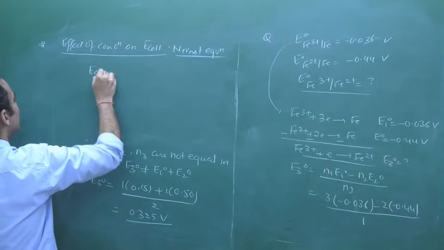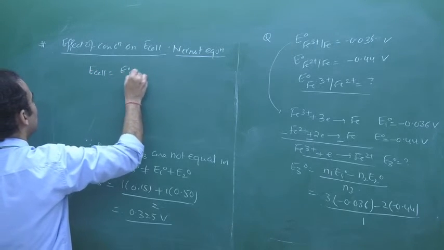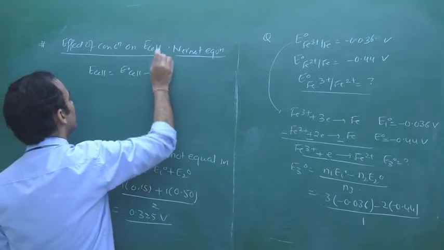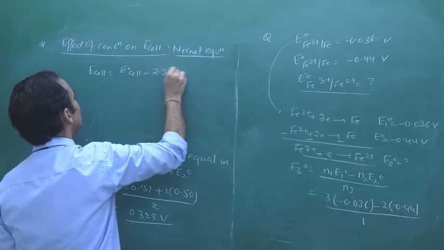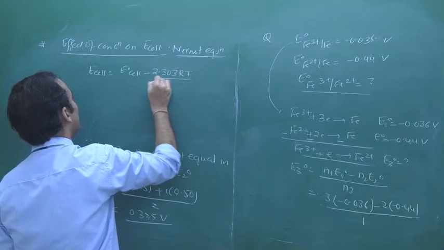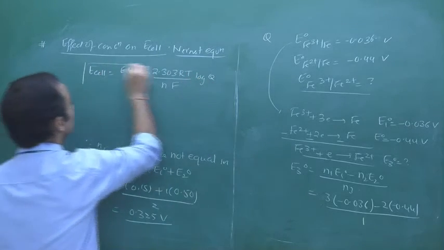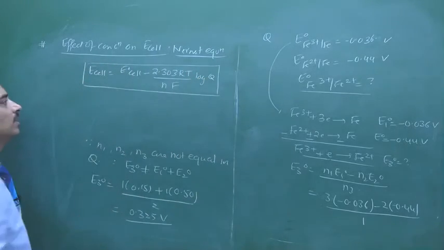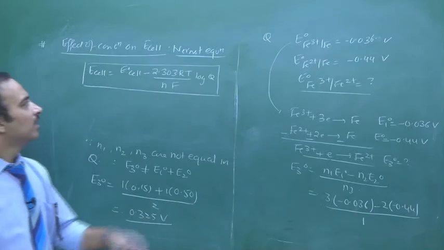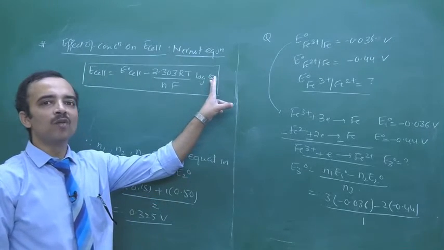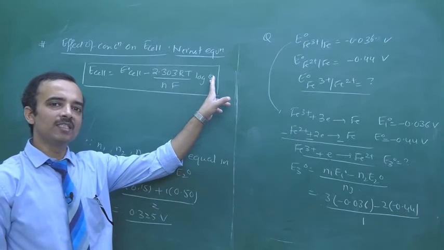This equation is E cell equals E naught cell minus 2.303 RT upon NF log Q. This is the equation. Beta, Q involves concentration or partial pressures.